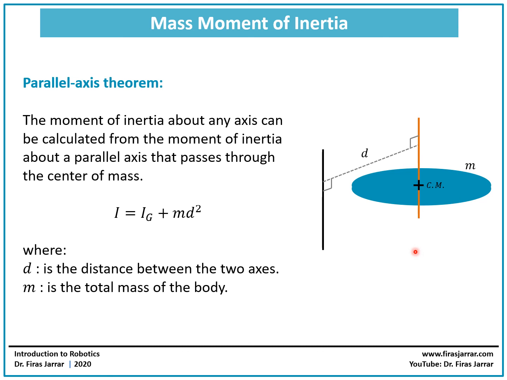If you already know the mass moment of inertia about an axis that passes through the center of mass, you can find the mass moment of inertia about any other parallel axis by applying this formula: the mass moment of inertia about the parallel axis is equal to the mass moment of inertia about the center of mass plus the mass times the perpendicular distance squared. We're talking about the perpendicular distance between the two axes.